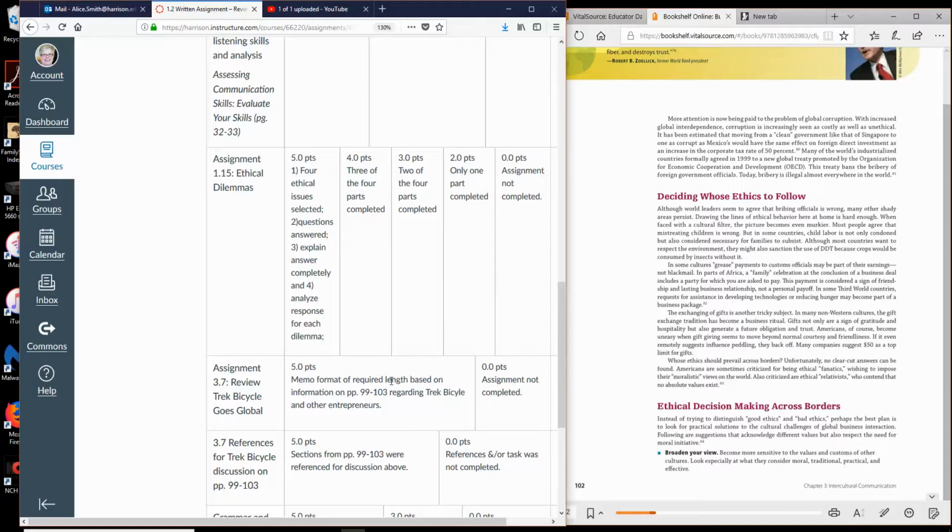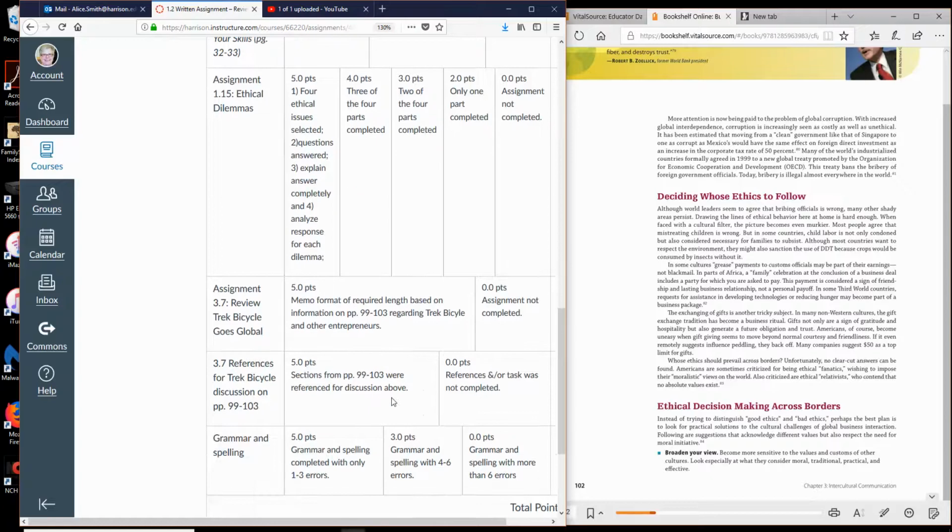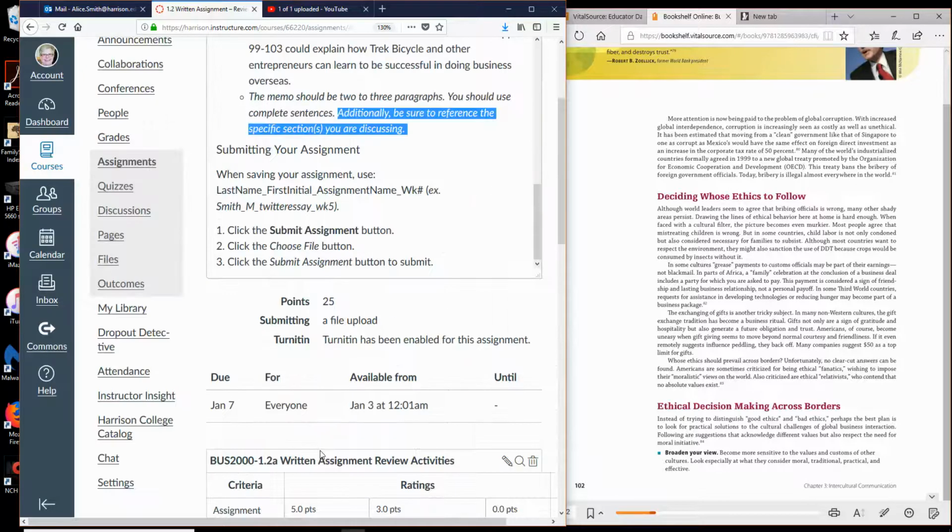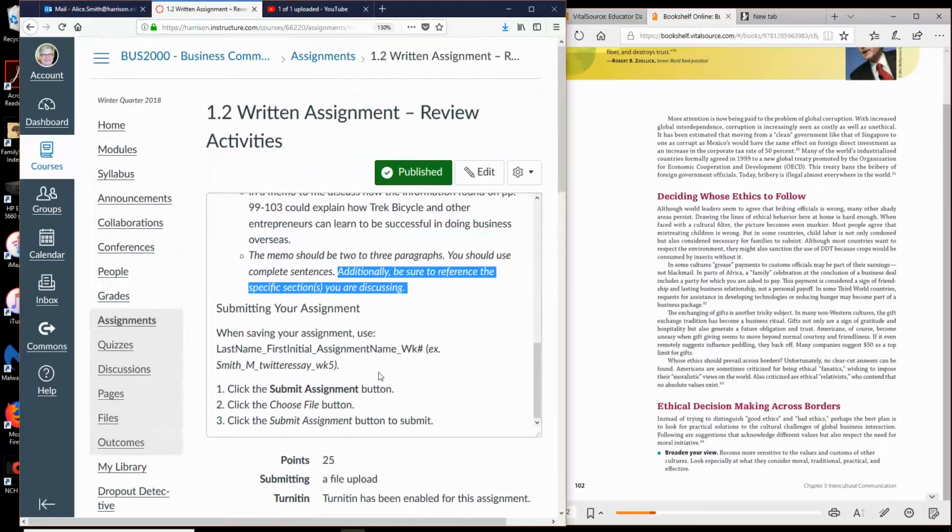Memo format of required length for Trek based on pages 99 to 103. And this is the references. Remember I said you need to do references. If you don't do the references, it's 5 points. And the grammar and spelling. All right, so that's the 1.2 written assignment.